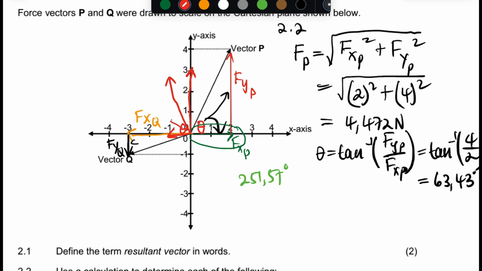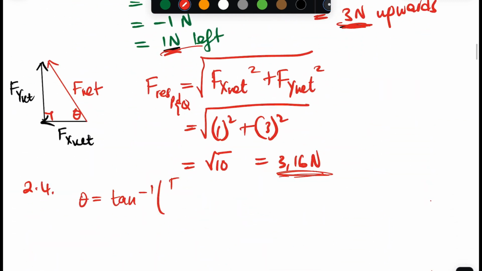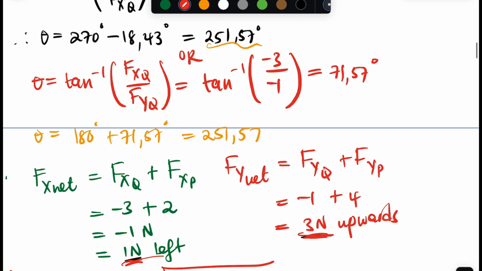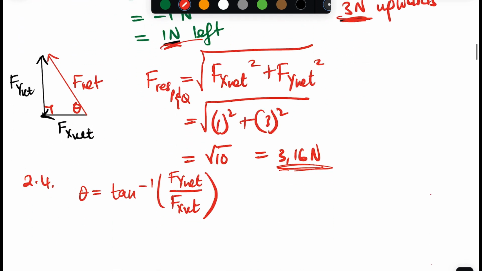You say tan theta equals opposite over adjacent. Your opposite is this, which is 3, which is your Fy net, over Fx net, your adjacent, which is negative 1.